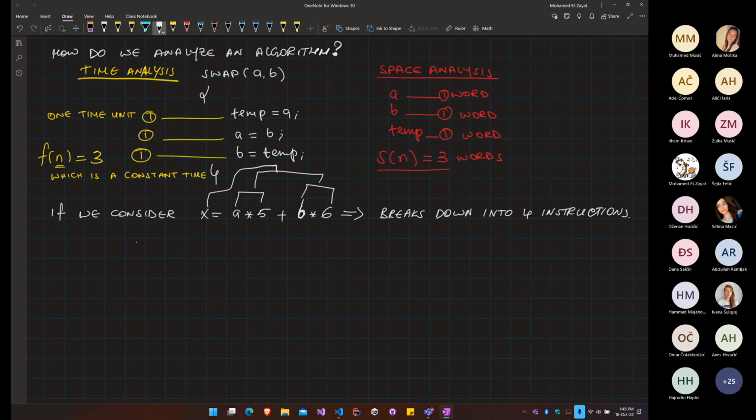So when we say it breaks down to 4 instructions, I will not say that the time complexity of this is 4. Okay, we will not say that.